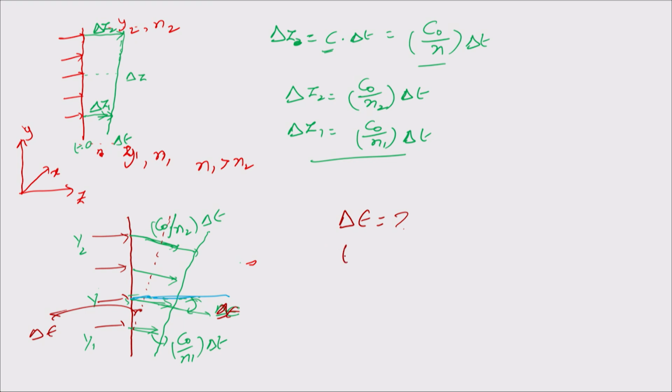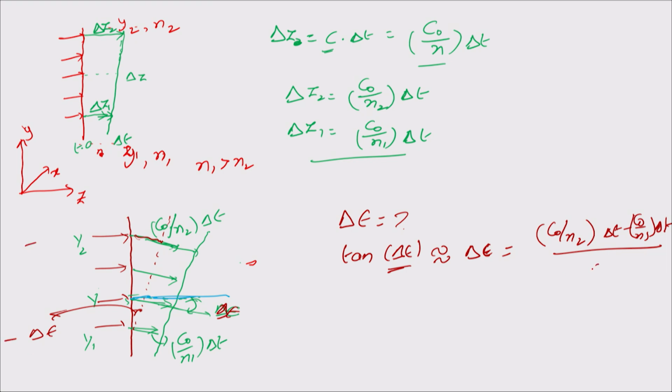So from this we can write tan delta epsilon. Usually this is very small, and since it is small, tan delta epsilon is equivalent to delta epsilon, which is nothing but this length, c naught by n2 into delta t minus c naught by n1 into delta t, over this distance, y2 minus y1, which is delta y.